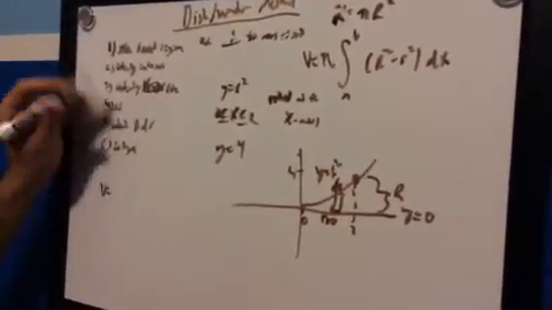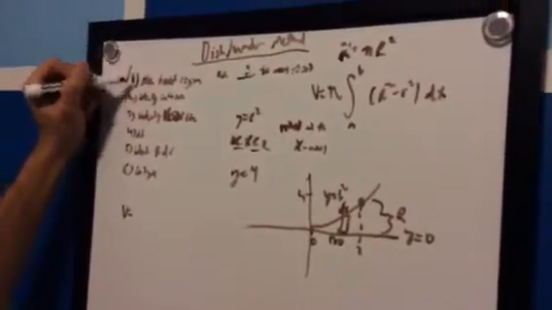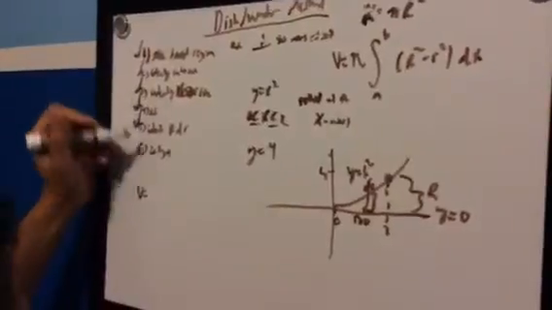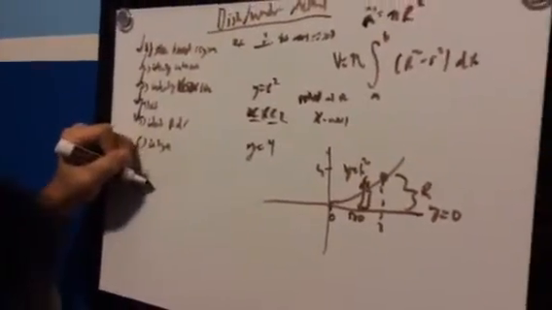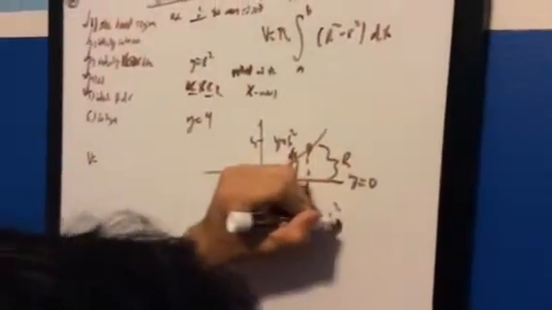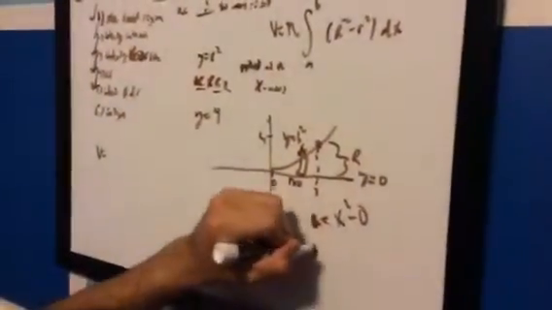So now we're going to integrate, because we've done step 1, step 2, step 3, step 4, and step 5. Now let's integrate this function. Oh wait, we haven't done this. Okay, so big R is going to equal this height, which is x squared minus 0, so R equals x squared.